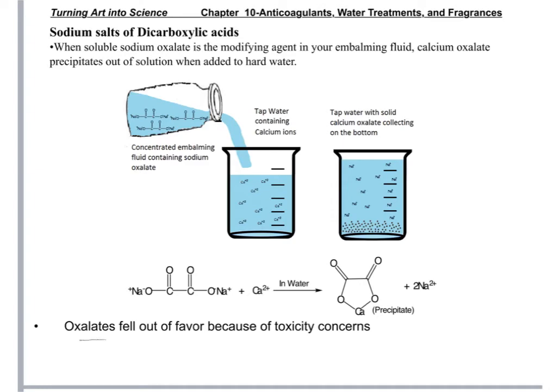It fell out of favor because of toxicity concerns. When soluble sodium oxalate is the modifying agent, then calcium oxalate precipitates out of solution when added to the hard water.